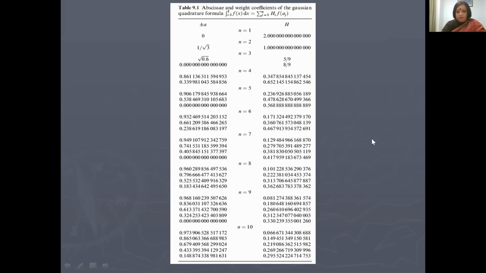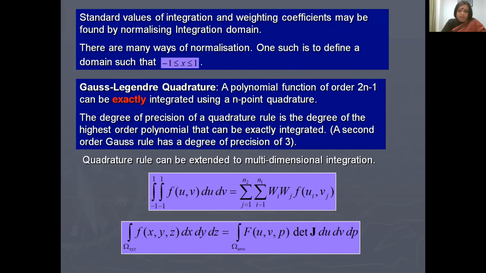Now let us go back to the question we were discussing. Suppose you have a linear polynomial, ax plus b, and you need to integrate this polynomial between -1 to +1. What point quadrature would you need to use? Read the statement: a polynomial function of order 2n minus 1 can be exactly integrated using an n-point quadrature.